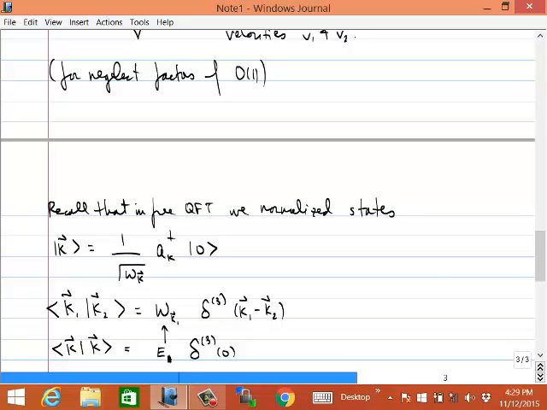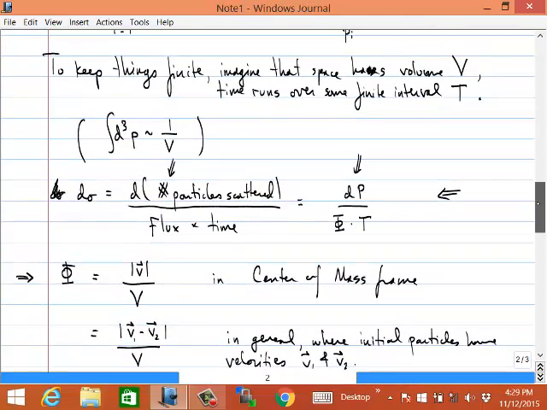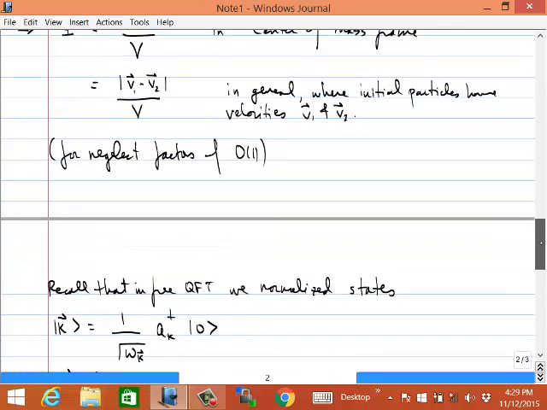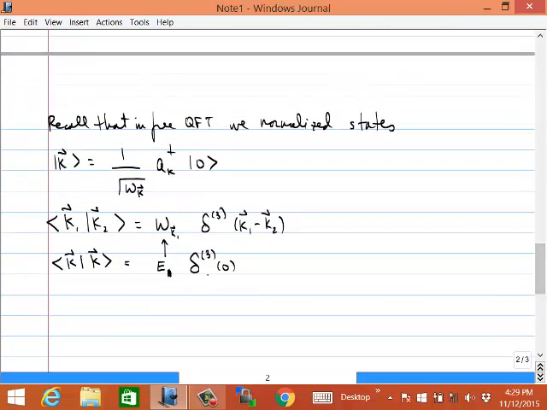That infinity is the volume of space. An easy way to see that is to note that you integrate a delta function to get 1. And if the integral d3p is equal to 1 over V, then that means that the delta function in momentum space has to be proportional to volume. Okay?